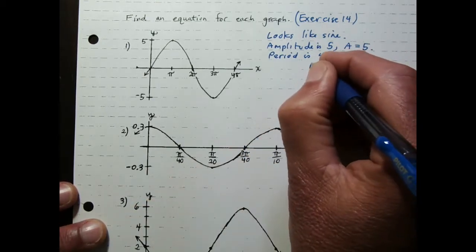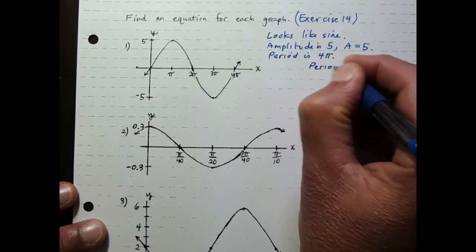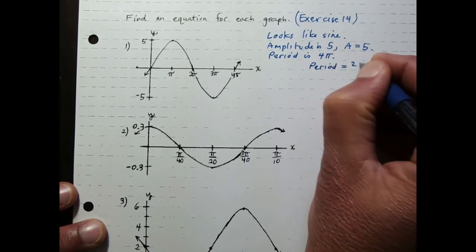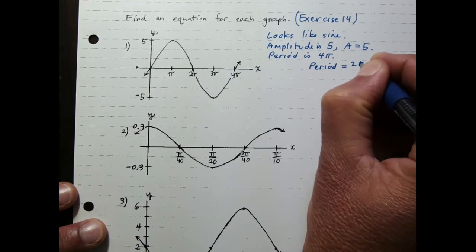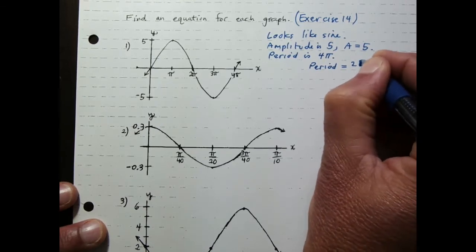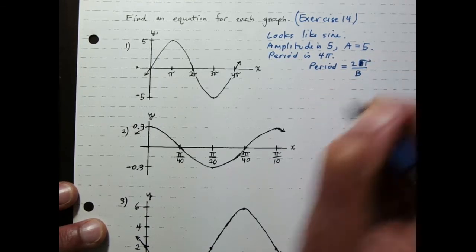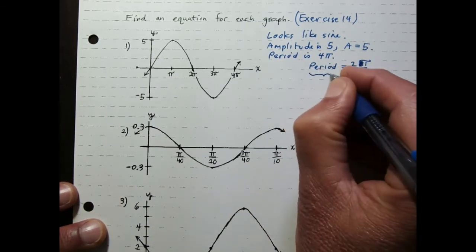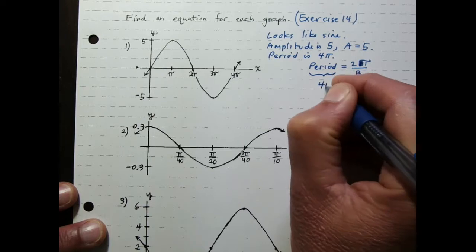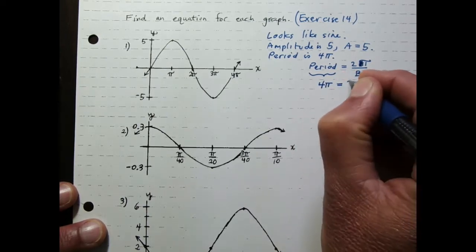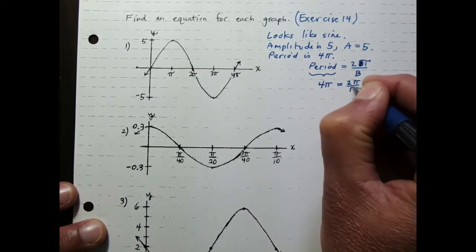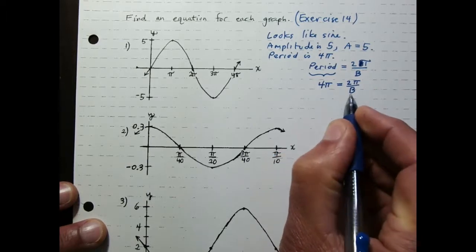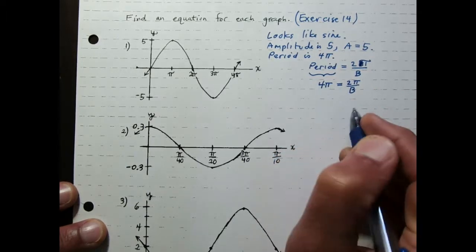So we're going to take this period equals 2 pi over b formula that we've been using, and instead of plugging in for b, we're going to plug in for the period. So 4 pi equals 2 pi over b. Now we can solve for b.